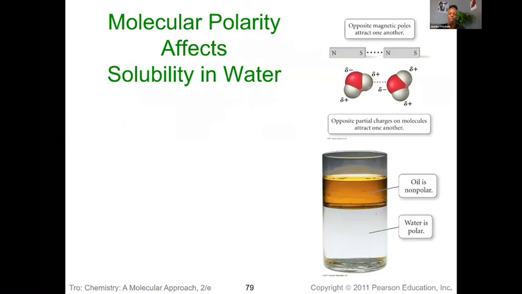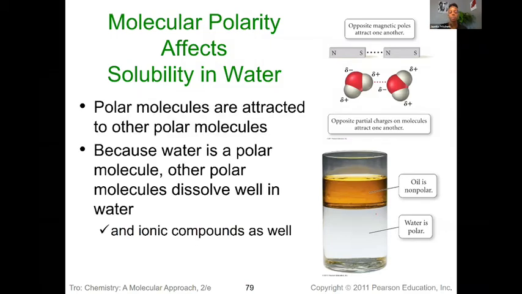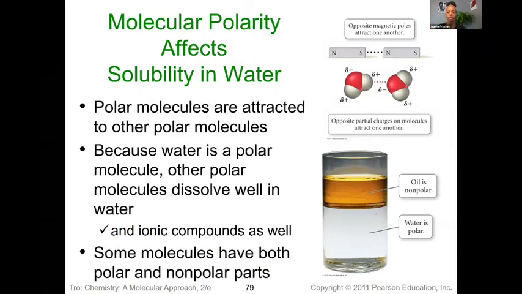Now, again, we're going to get well into this much more in chapter 11, but the reason that we care about this polarity idea is because this really does affect a lot of different properties. One of the main things that it impacts is whether or not things will interact with each other. If you've ever heard the saying, like dissolves like, that's what's known as the chemist's rule of thumb. That is based on the fact that things that have similar polarities will want to be around each other, like dissolves like.